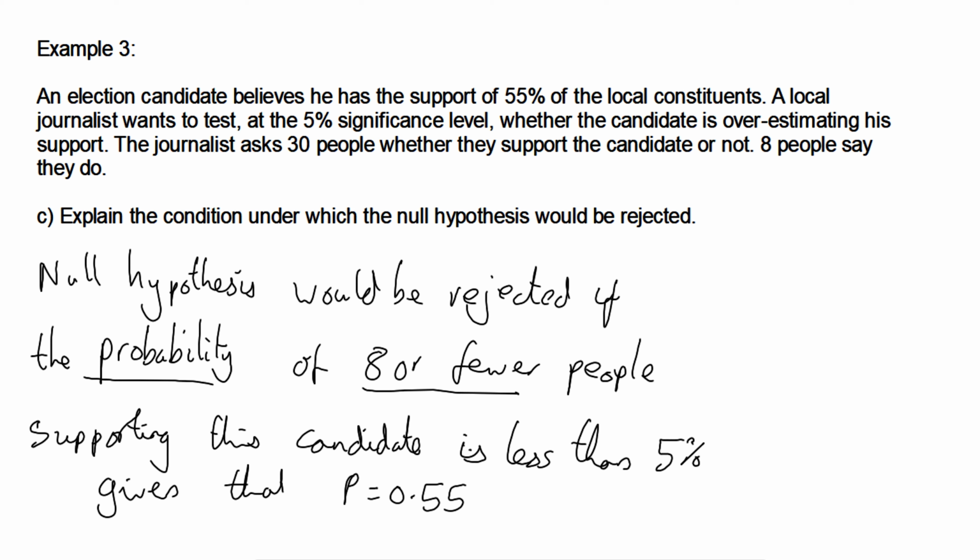So the probability of 8 or fewer people supporting this candidate is less than 5% given that p equals 0.55. So that's the situation where we would reject our null hypothesis.